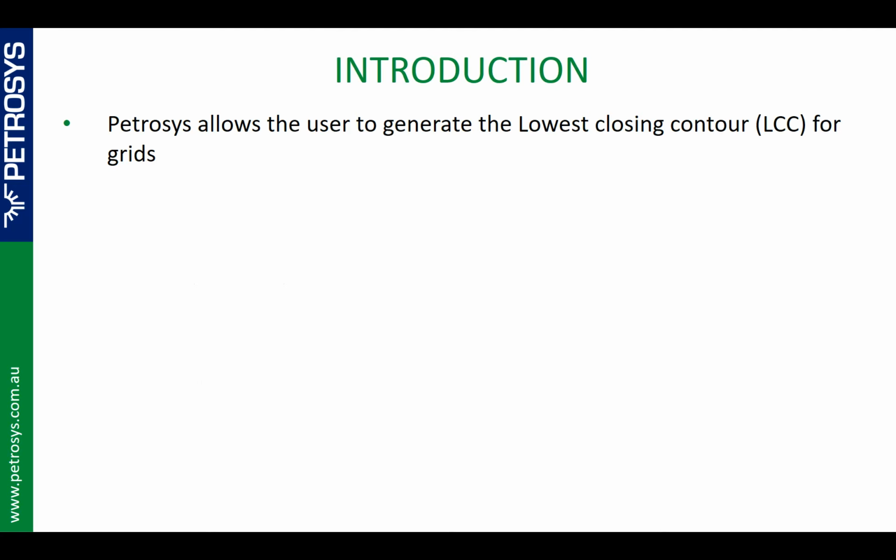So, introduction. The new Petrosys feature allows us to generate a series of lowest closing contours or polygons that define our prospect closures or structures. So we can use this to define structures from our grids.